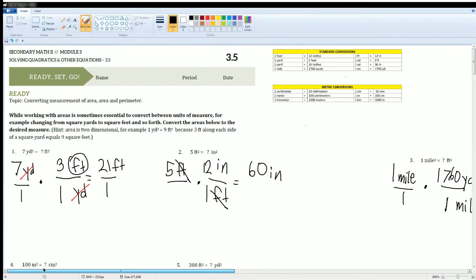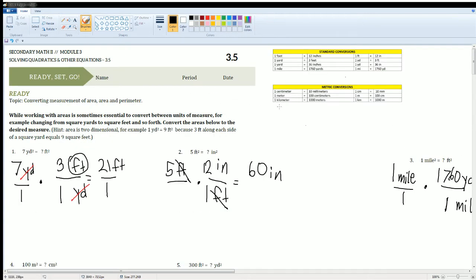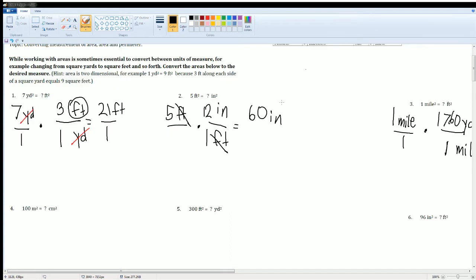Just unit converting. 100 meters into centimeters. Do we have a conversion for that? Meters and centimeters, yes we do. Okay, so let me do this one for you. 100 meters. And on the bottom, we're going to need meters, and on top, we want centimeters.